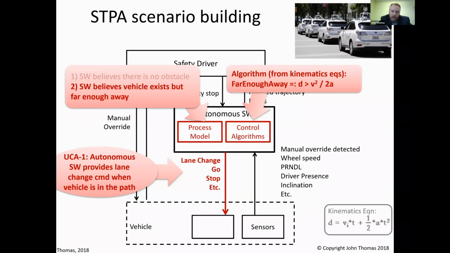Now, let's say what kind of feedback would cause this equation to evaluate incorrectly and cause process model belief number 2. What can we say about D being reported? Would D too high or too low cause this?